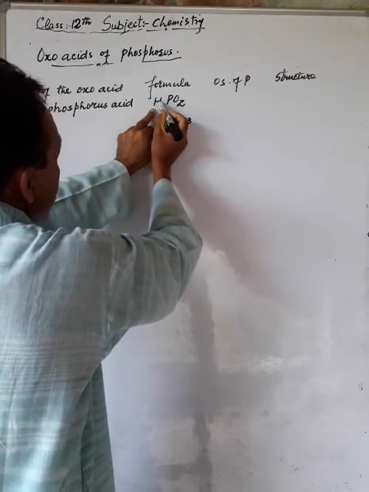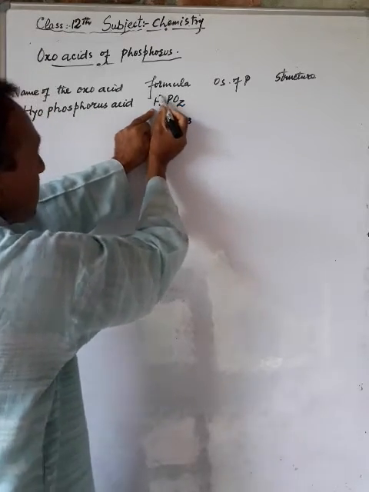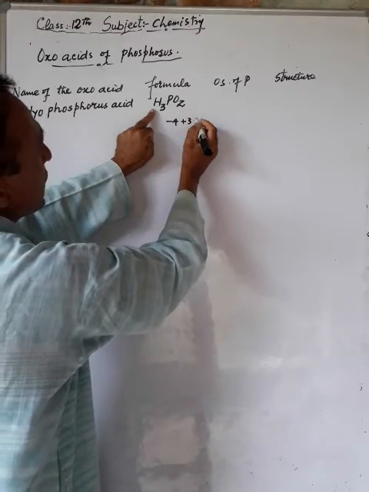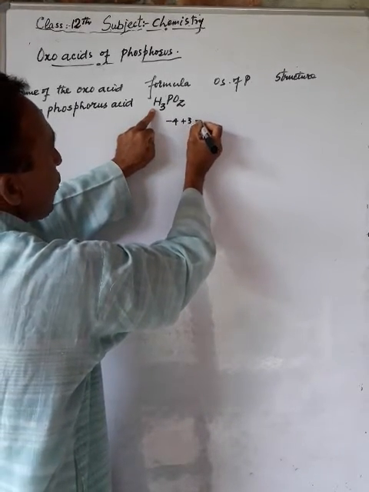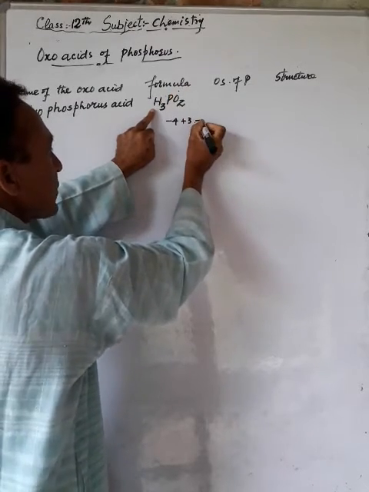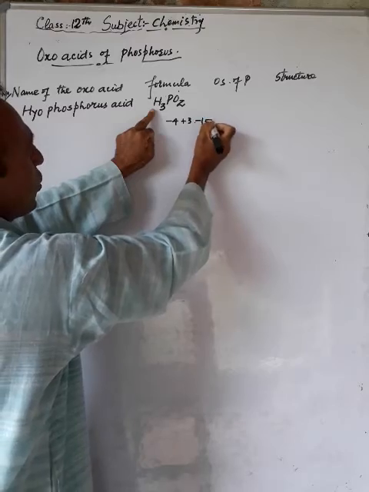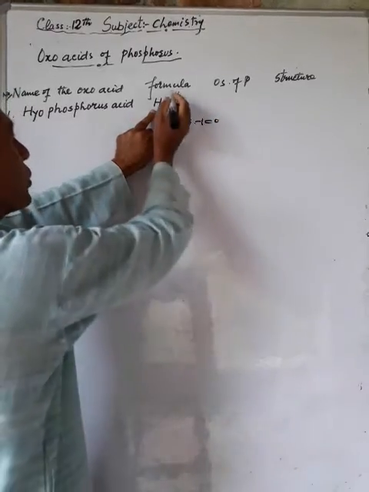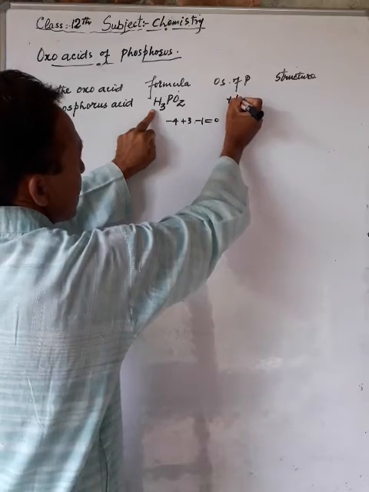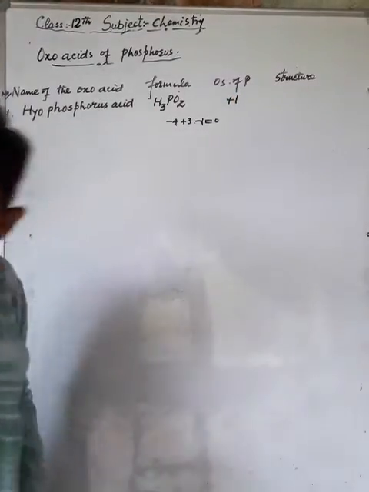The compound as a whole is neutral, so the phosphorus must be +1, so that this whole comes equal to 0. So the phosphorus in H3PO2 is in +1 oxidation state.